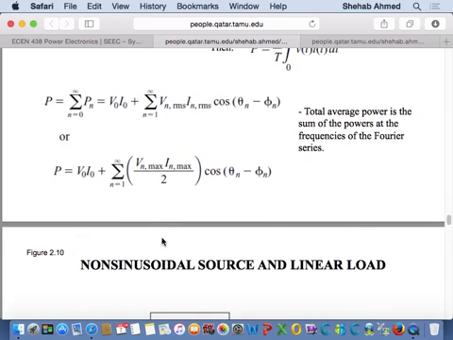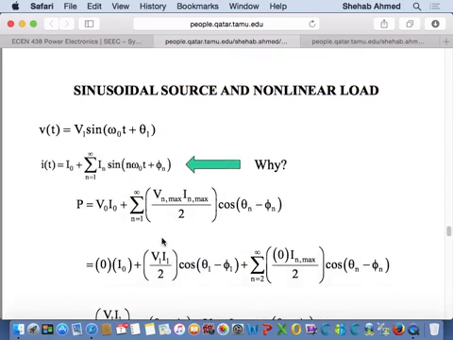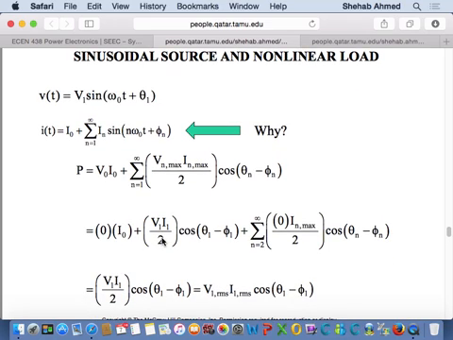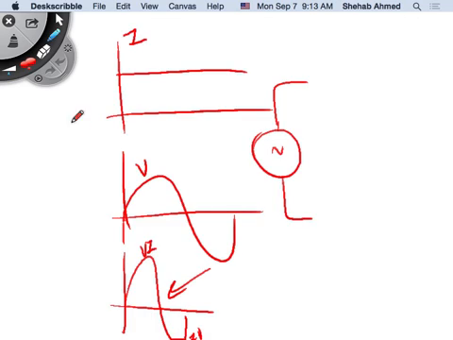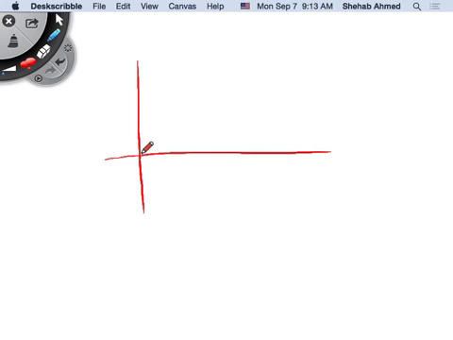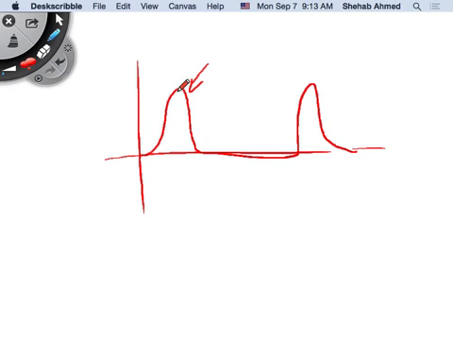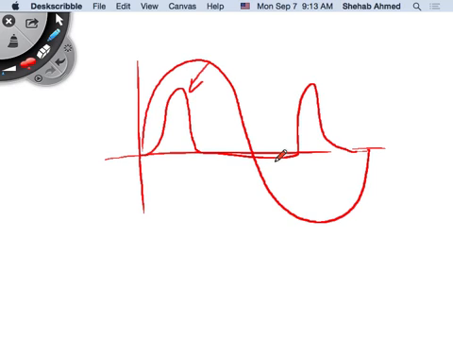But now, if I don't have a linear load, if I have a nonlinear load, what does nonlinear load mean? Nonlinear load means I provide it, let's say, with a sinusoidal voltage, and then it responds by giving me a current that looks like this. Is this what you would expect if I put 50 hertz? If I put 50 hertz to a load, you would expect to see 50 hertz current. That's only in the case of a linear load.